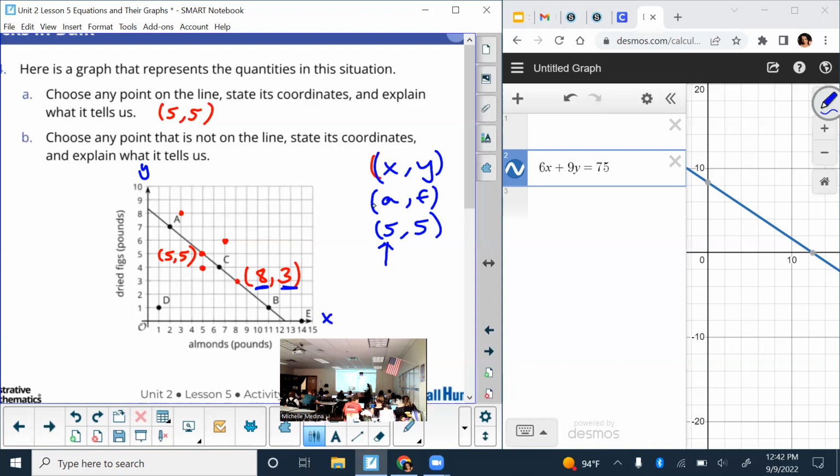It represents, overall, 5 pounds of almonds. And then I have, what is it? It represents 5 pounds of figs.